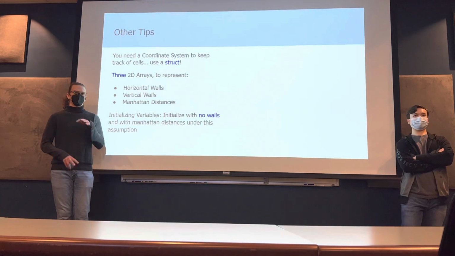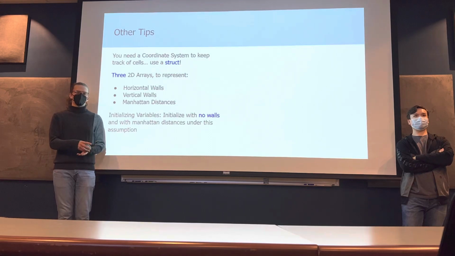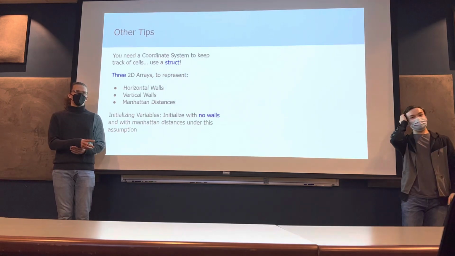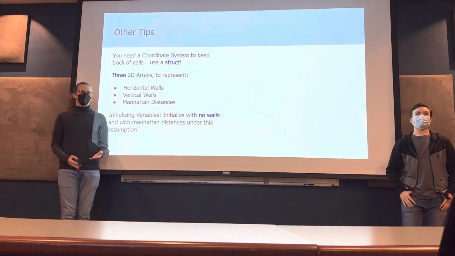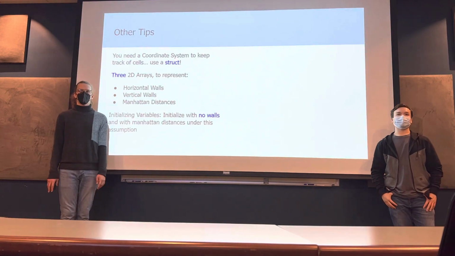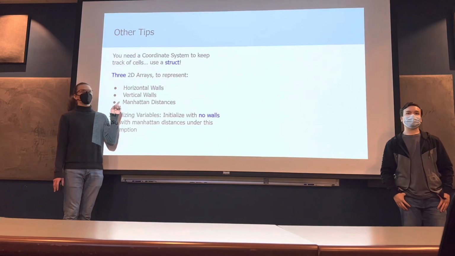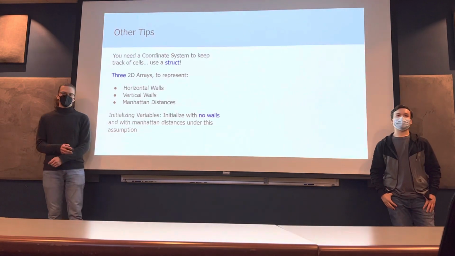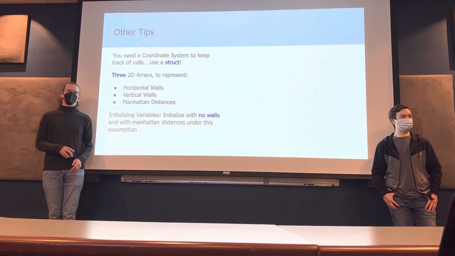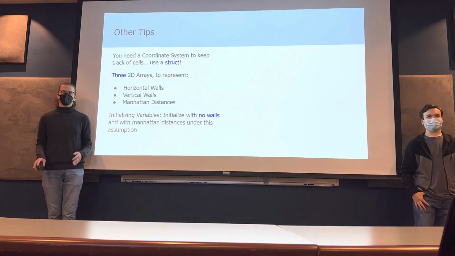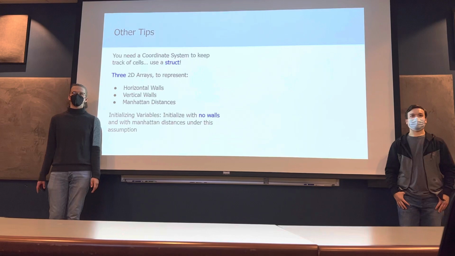Basically, it's a group that has different data values in it. So it would have an X and a Y and maybe a current Manhattan distance or something. And then you're going to want some arrays. You have to represent where you have horizontal walls, where you have vertical walls, and then what your Manhattan distances are for each cell.